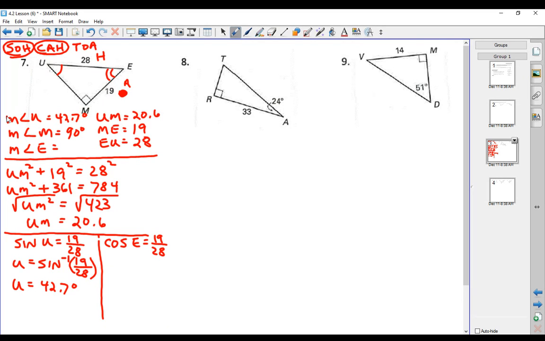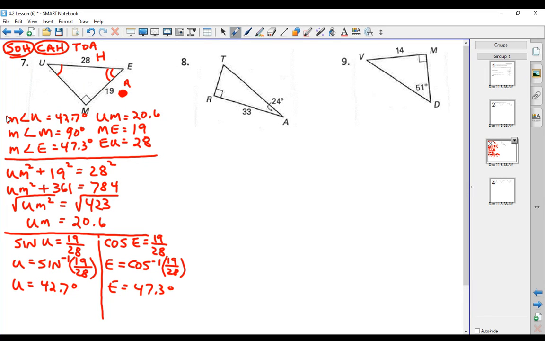We want to do the inverse of cosine to get E by itself. And when you use a calculator to evaluate that, E comes out to be 47.3 degrees. Now we have all 6 pieces of the triangle and it is solved.